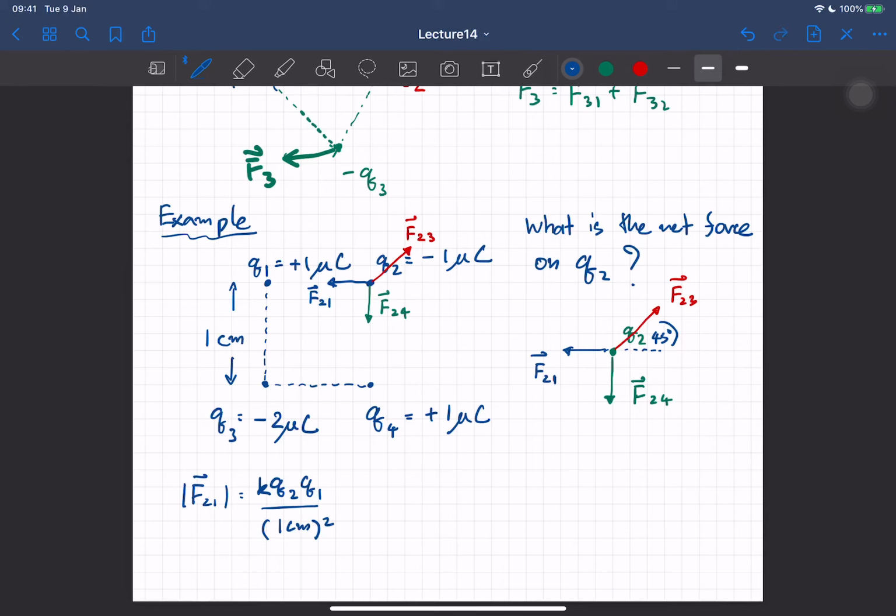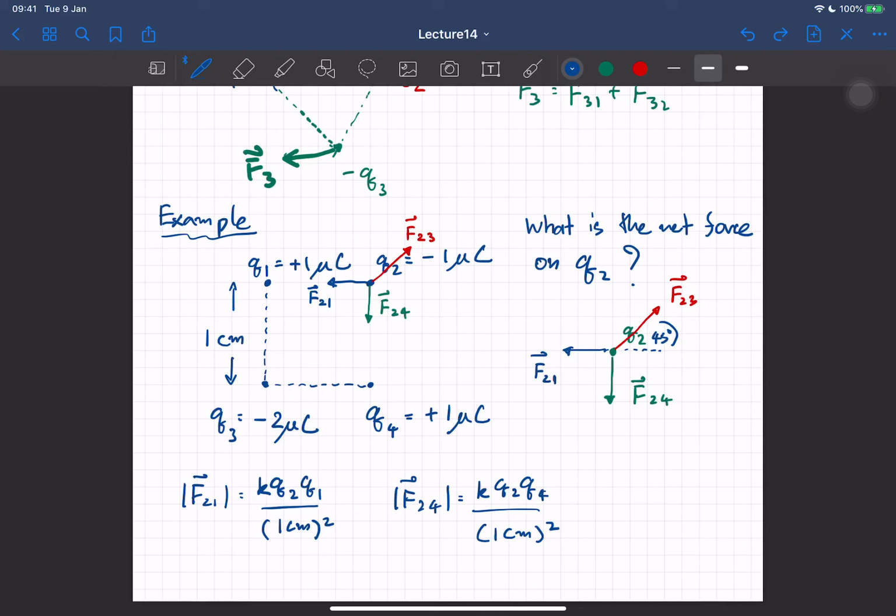Right, it's the distance between Q1 and Q2. And F24 is K Q2 Q4 divided by the distance square. But this is the side of a square, right? So it's also 1 centimeter square. And Q2 Q1 and Q2 Q4 is just 1 times 1, 1 times 1. So the magnitude happens to be the same.